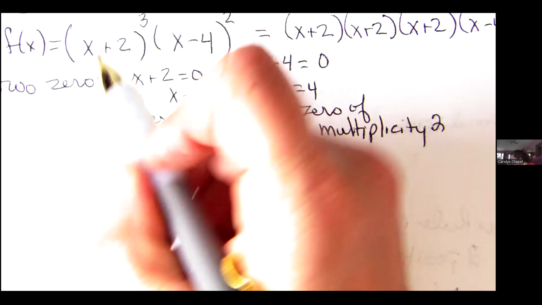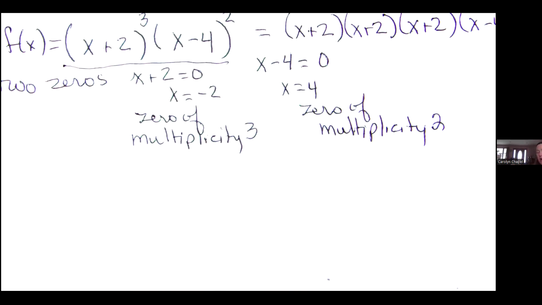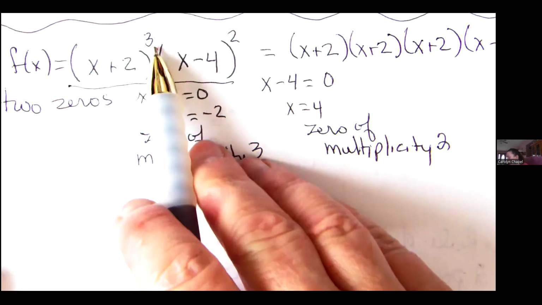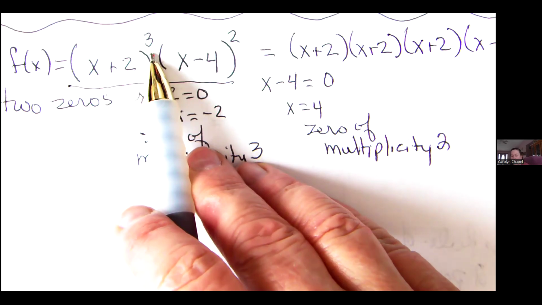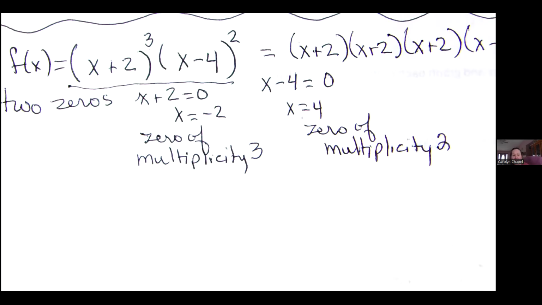Okay. But when we have multiplicity, the curve behaves similarly to the piece that it is in. So this one has multiplicity 3. So it is going to behave near the 0 like an x cubed. And if you think about having x plus 2, that x cubed is being shifted 2 units to the left.